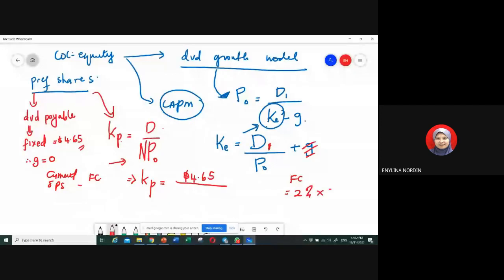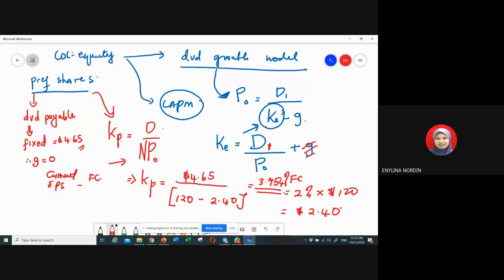What is the market value? 120, which is equivalent to RM1.20. So the current price is 120, you minus RM2.40, then you multiply by 100. So you will get how much? What percentage? You will get 3.954%. So this is the cost of capital for preference shares.